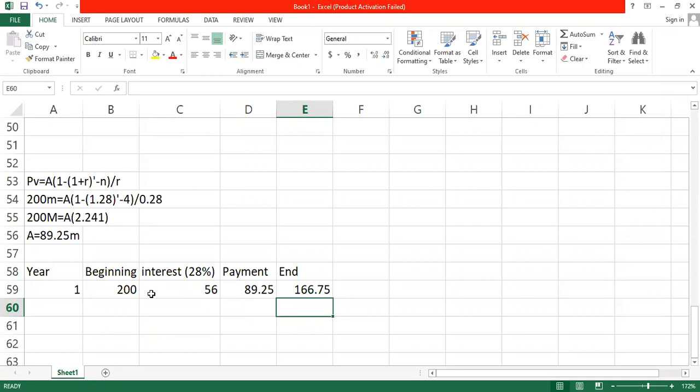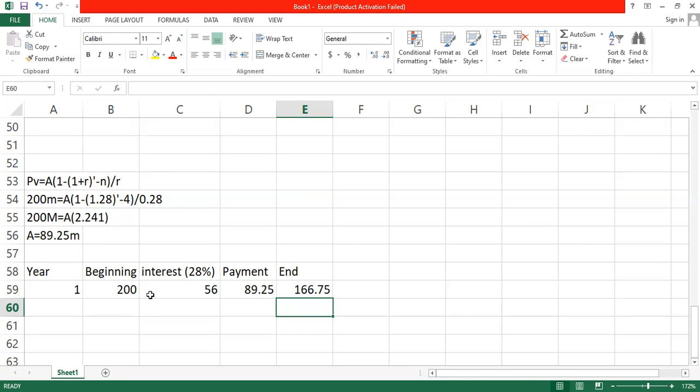Jocelyn, do you get it? No, if you can check it again. So you are owing the bank 200 million at the beginning, isn't it? Yeah. You have agreed that you'll be paying 89.25 million at the end of every year to settle your loan.